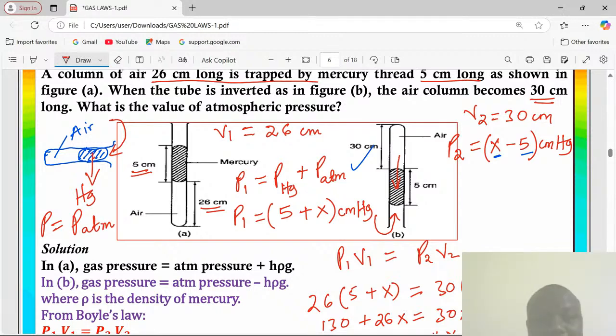Because weight must act downwards, the weight of the mercury thread will have no significant impact on the air column. So that is something you're supposed to know as you interact with this particular question.